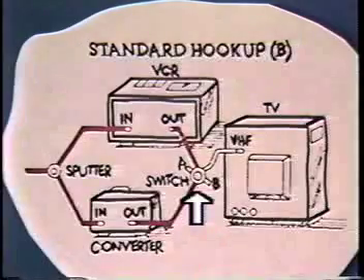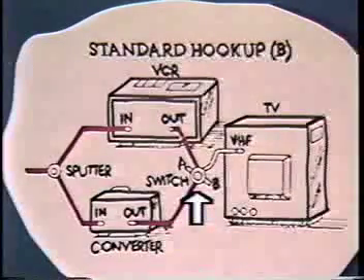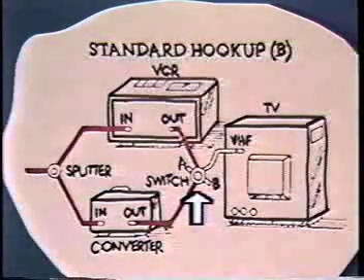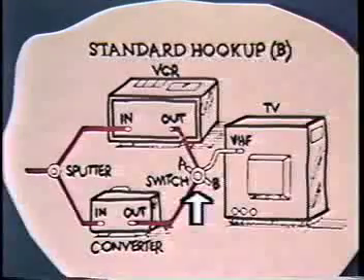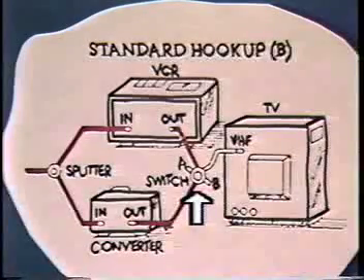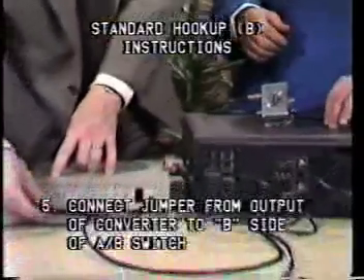Okay. And now we need a jumper from the output of the converter to the B side of the AB switch. Output of converter, which is over here.